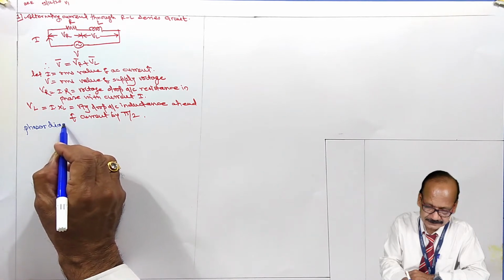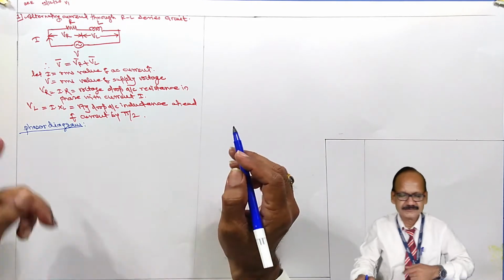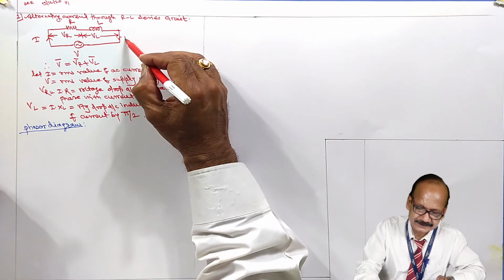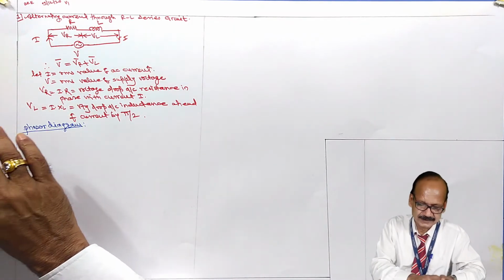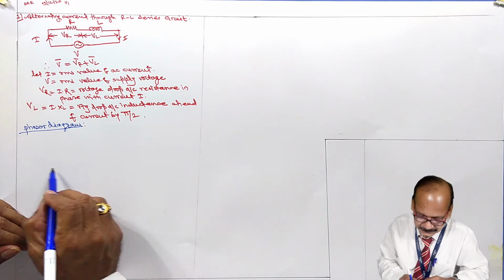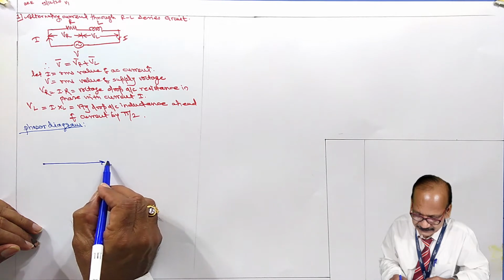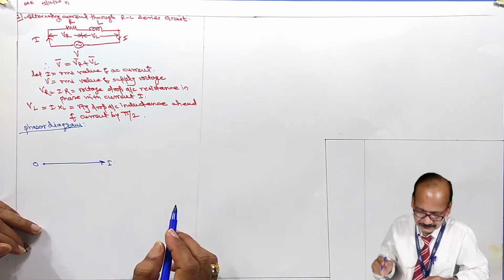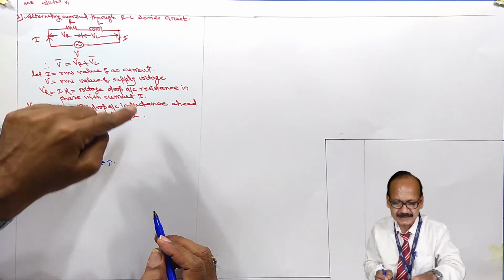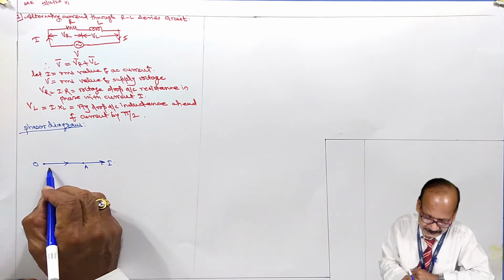Phasor diagram. Now here in series circuit, current flowing through each element remains the same, and therefore we will consider current as a reference vector. So this is the current as a reference vector. Then voltage drop across the resistance V_R is in phase with the current. Say this is A, this is V_R.